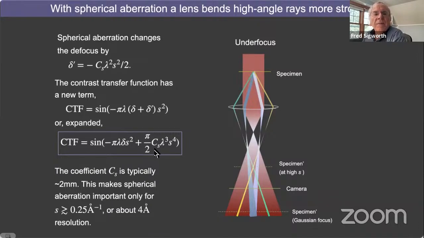And then here's a new term that depends on the spherical aberration coefficient, the wavelength, and the frequency. It doesn't depend on the defocus, but it has this really steep frequency dependence, s to the fourth. If you work it out, it turns out that the coefficient that we have in our microscopes, around 2 millimeters, means that this term becomes important only at fairly high, well, I don't know if you call this high resolution anymore. You have to worry about it above about 4 angstrom resolution.